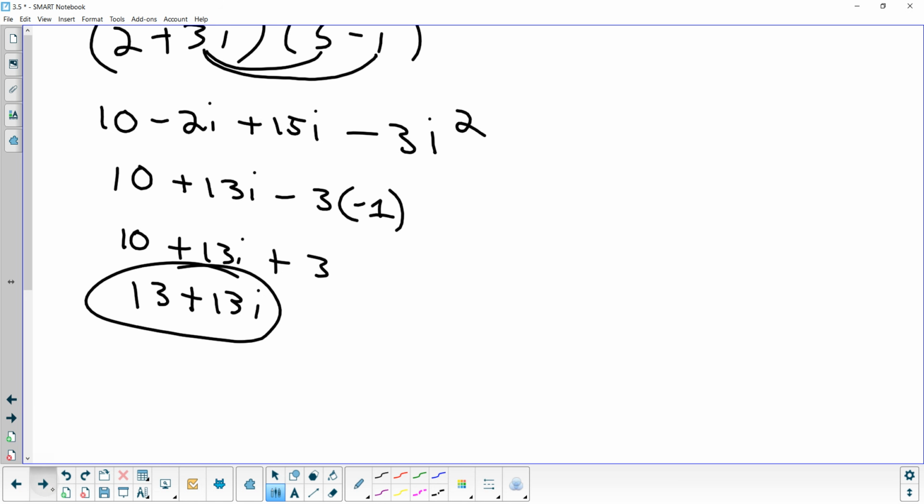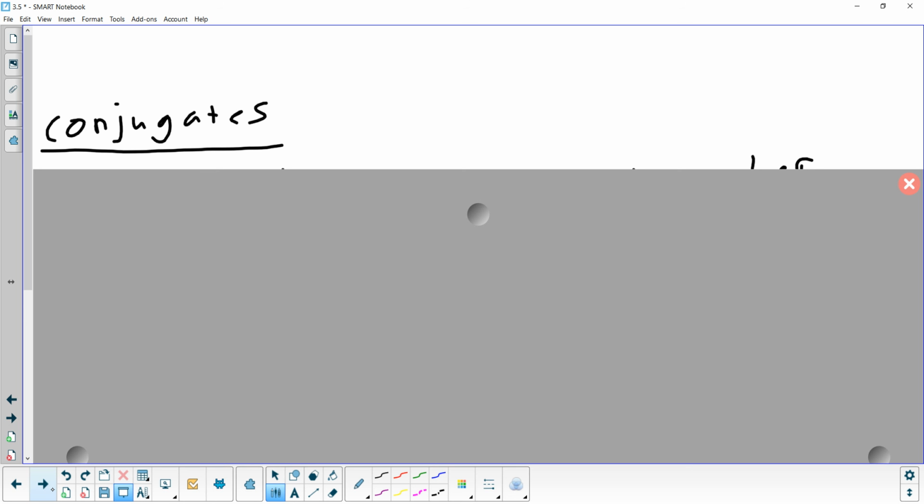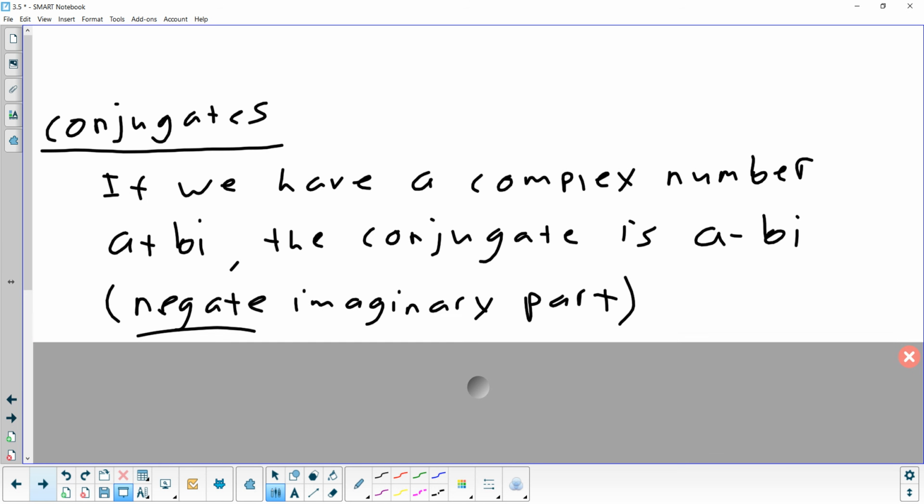All right. And the last thing we're going to look at is division. But I said earlier, when you have to divide, we really end up using multiplication again. But we end up multiplying by something special. They call it the conjugate. So first, I'll explain what the conjugate is, and then I'll give you an example and have you tell me the conjugate.